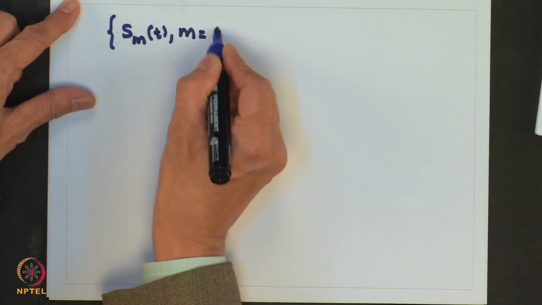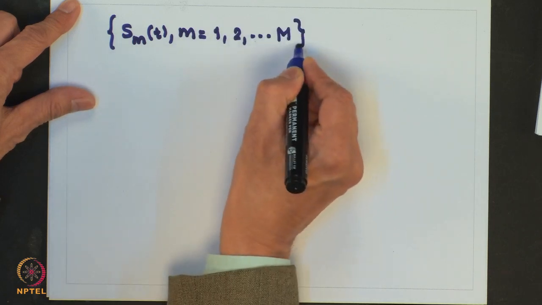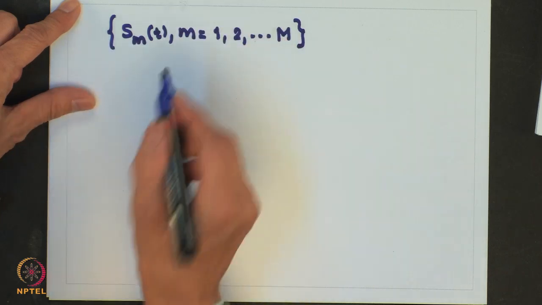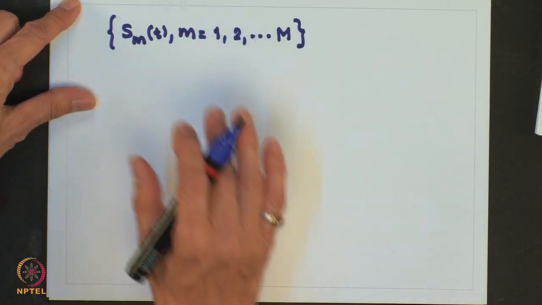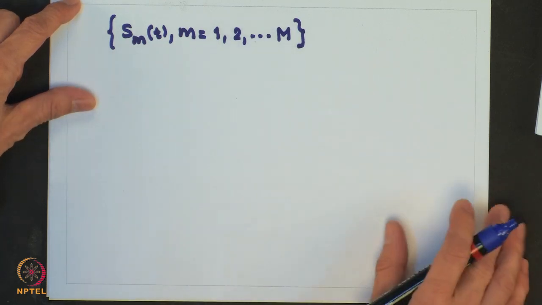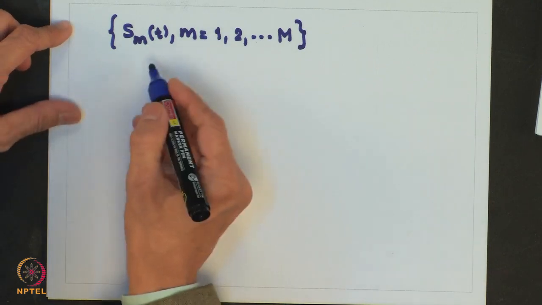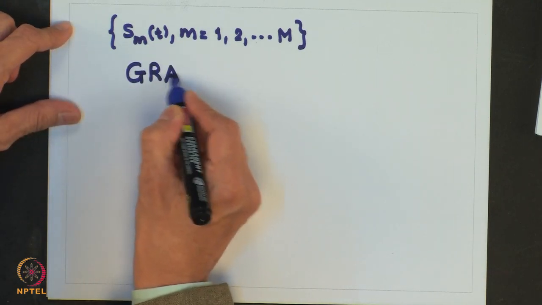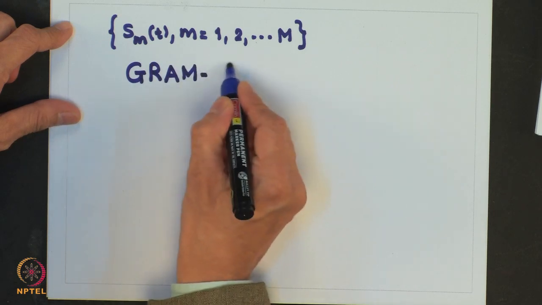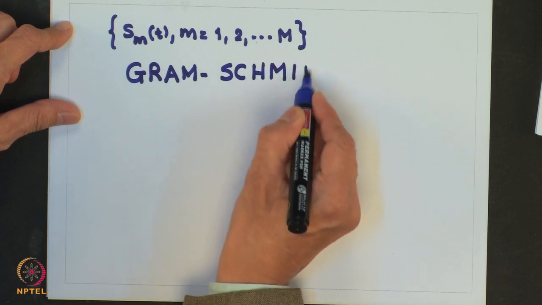Now suppose that we have a set of finite energy signal waveforms s_m(t), where m goes from 1 to capital M, and from this set we wish to construct a set of orthonormal waveforms. To achieve this, we follow what is known as the Gram-Schmidt orthogonalization procedure.